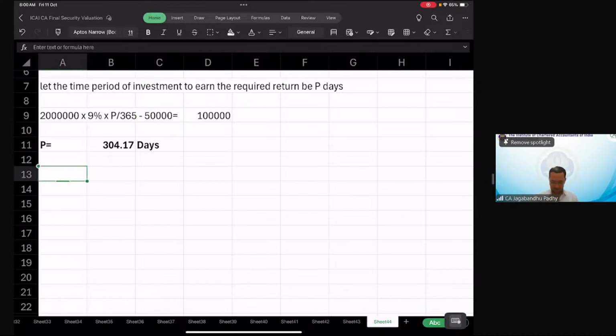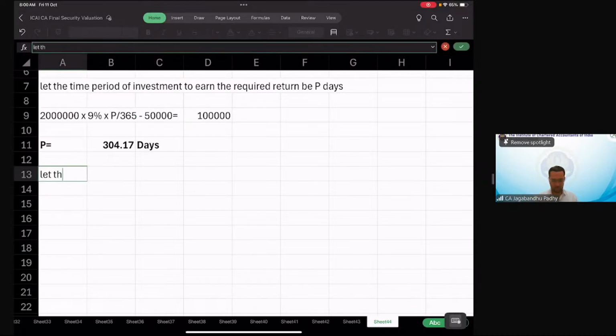So we'll say, let the time period to break even be, X, not X, the period of Q days.